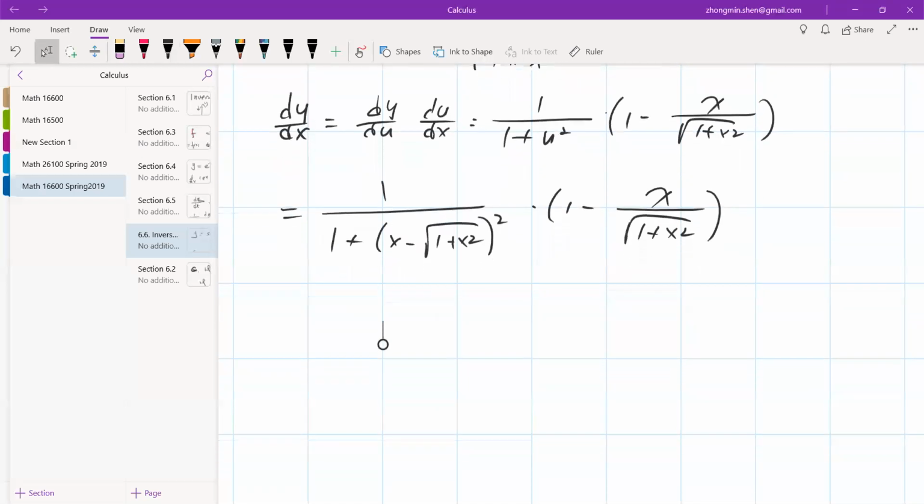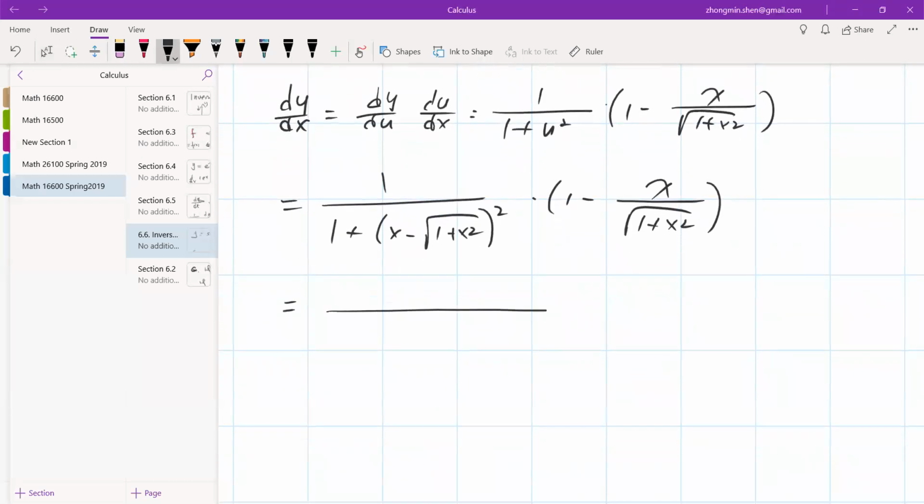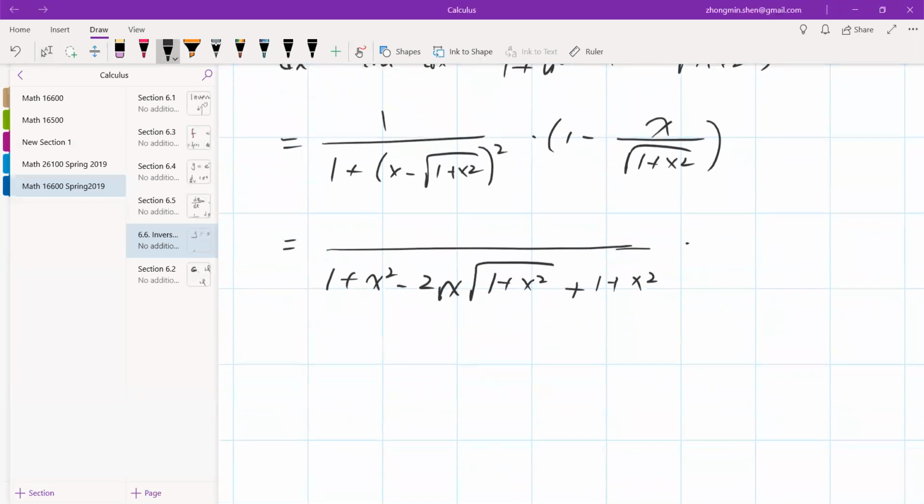Let's square it. Okay, you will get 1 plus x squared minus twice x times the square root of 1 plus x squared, plus 1 plus x squared. And maybe we can simplify it.